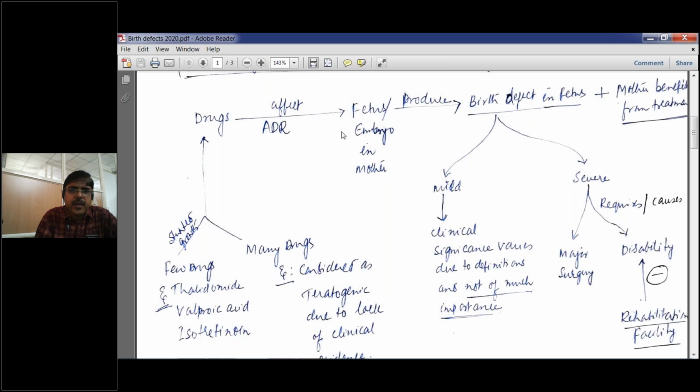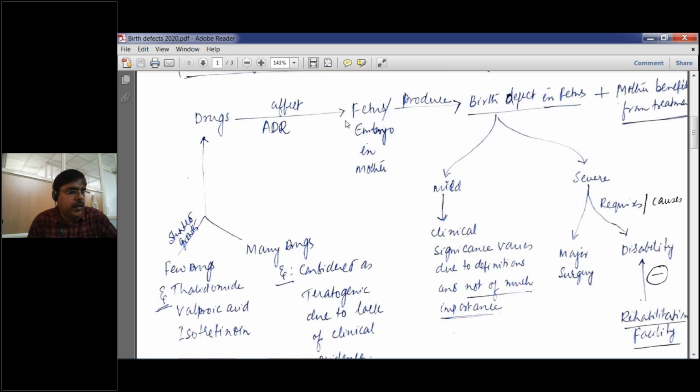Now, usually the drug can affect the fetus at two different stages, from the fertilized ovum till the childbirth. One, it can affect at embryo stage, and another, it can affect fetal stage, right? Because we have already understood that before 8 weeks from the day of conception is called as embryo.